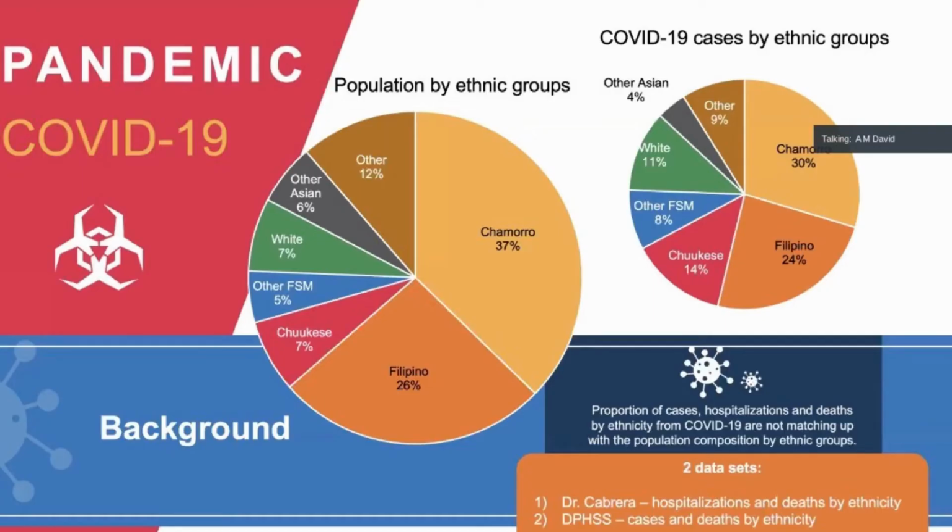From this graph, it shows that the Chuukese numbers, for instance, represent only 7% of the Guam population, but account for 14% of all COVID-19 cases on Guam so far. Caucasians also comprise only 7% of the island's population, but account for 11% of the total COVID cases.